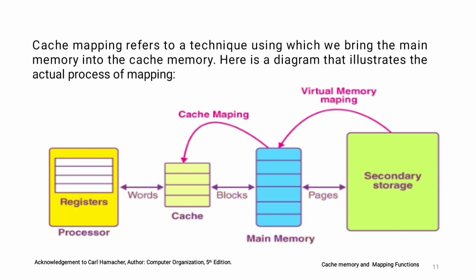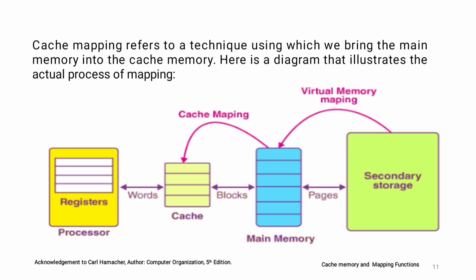So a block means a group of words in main memory. That can also be called a block in cache, a group of words in cache. Another name is line. So a line in cache means a block in cache.